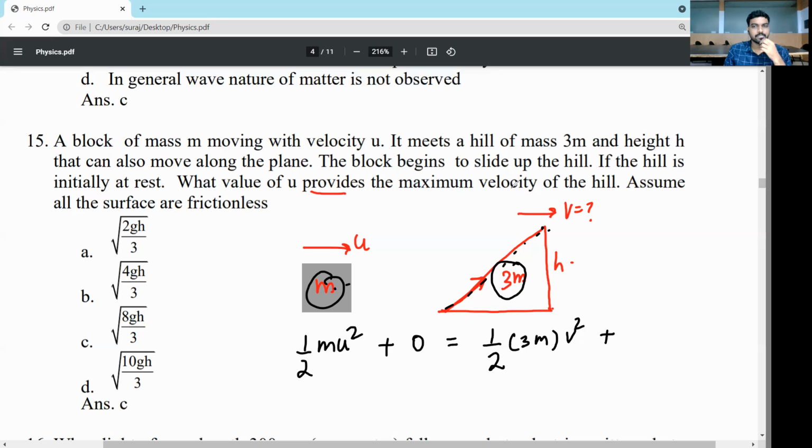What value of u provides the maximum velocity of the hill? I need to find the value of u.